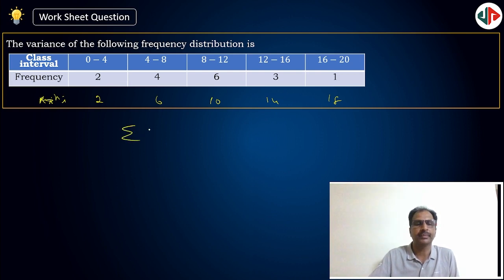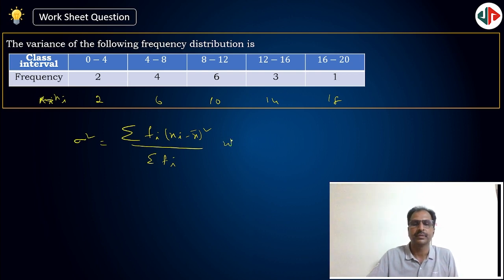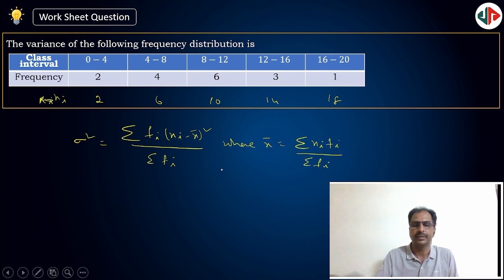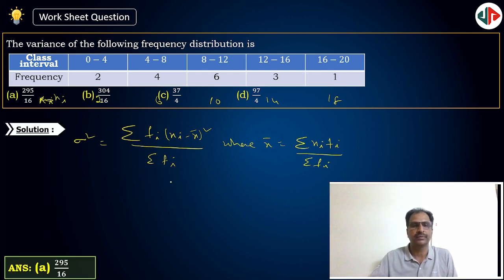And again the same formula, Σ fi (xi − x̄)² by Σ fi, is the variance, where x̄ is equal to Σ xi fi by Σ fi. Find x̄ first and use that formula for finding the variance, and you will find the answer 295 by 60.